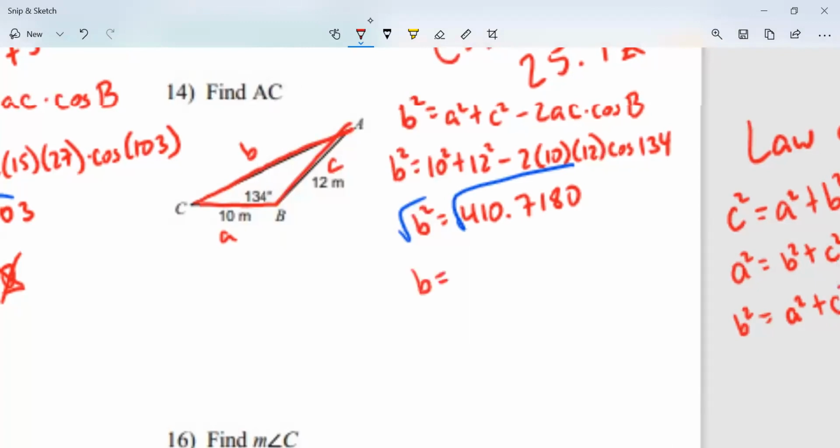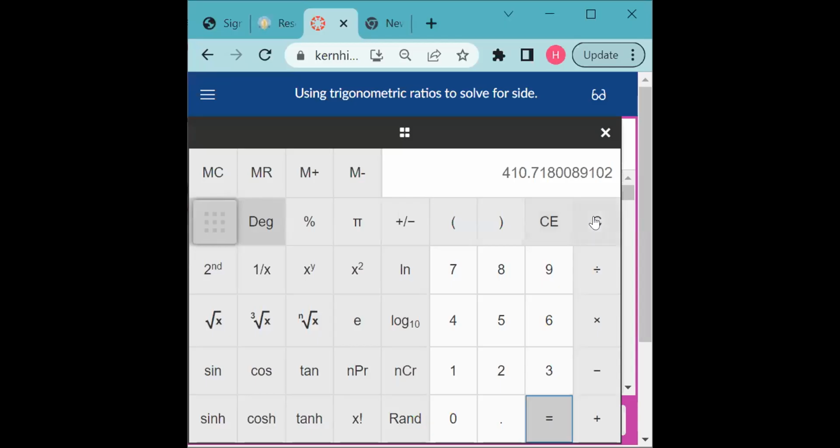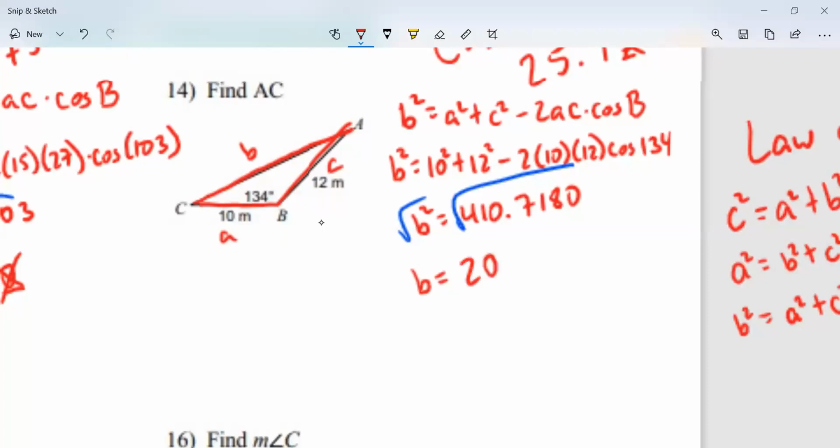So that's going to give me B equals the square root of 410.7180. I'll type in the last 0. Close parentheses, equals 20.26.